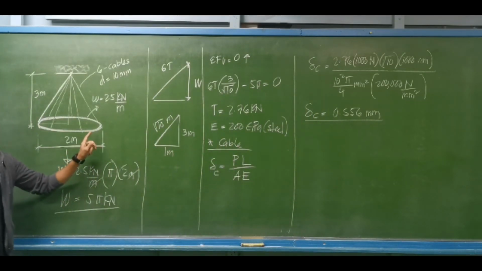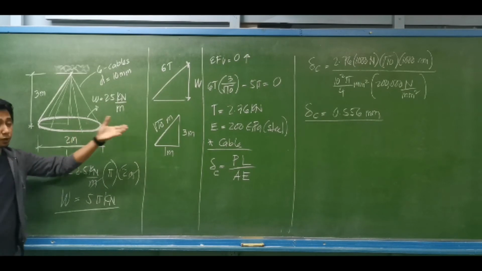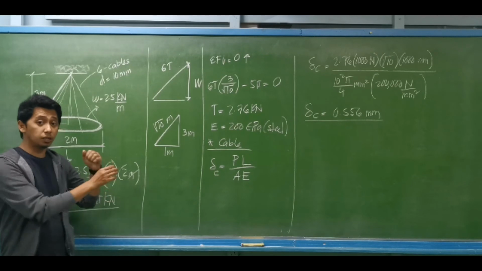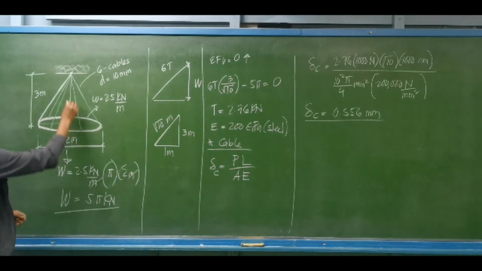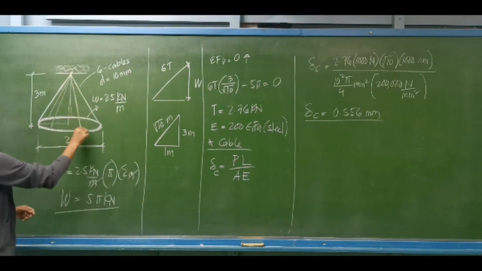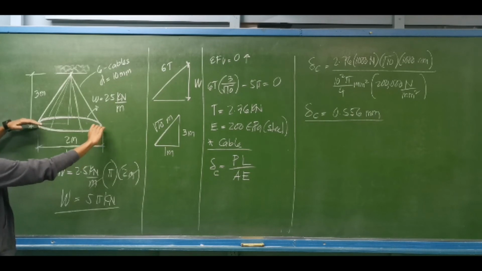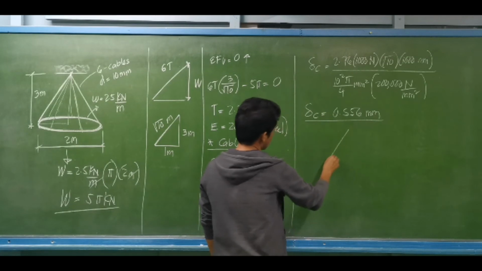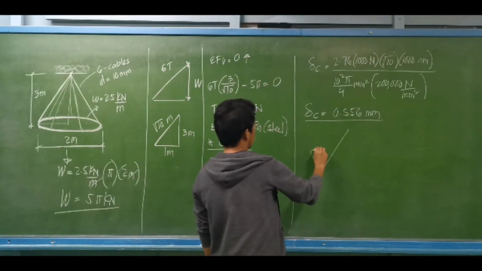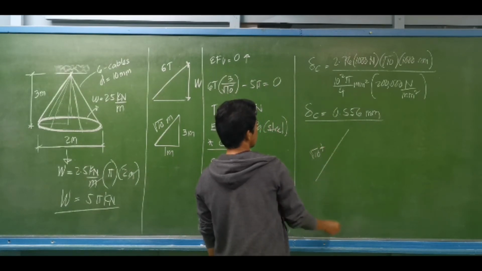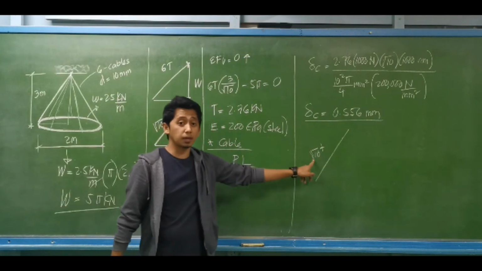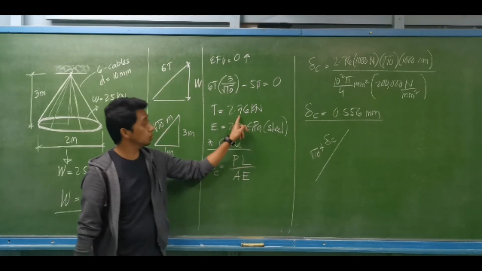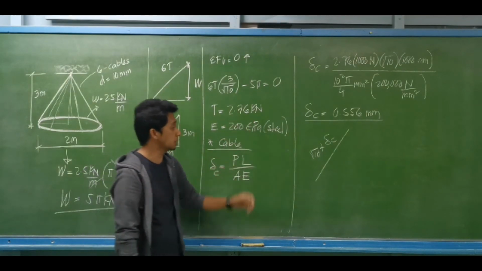So what will be the vertical displacement of the ring? If there will be an elongation of 0.556 millimeter on each cable, obviously, if these cables will be elongated, the ring will go down. If you are to draw that, this is the square root of 10, the initial length of the cable, plus the deformation due to the tensile force on each cable.